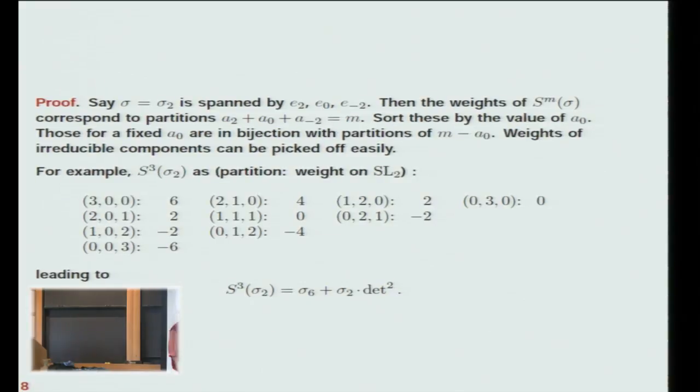And you just arrange them in a nice order. So here's a0 equals 0, here's a0 equals 1, here's a0 equals 2, and so on. You arrange them like this, and then you just pick off the weights. So this corresponds to Sym^6, and this corresponds to Sym^2. And that's exactly how the proof goes in general. It's very easy to see. The combinatorics is very simple.